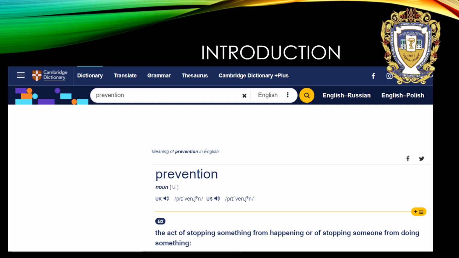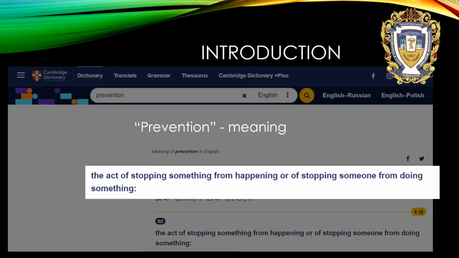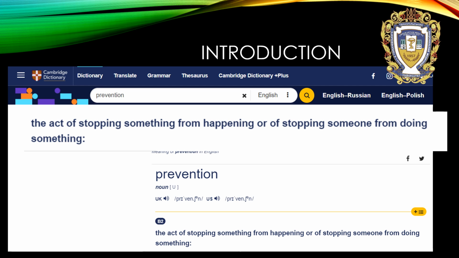If we ask Cambridge Dictionary about prevention, we will find that prevention is the act of stopping something from happening or of stopping someone from doing something. But it is not a medical notion, it is the common notion of the word prevention.